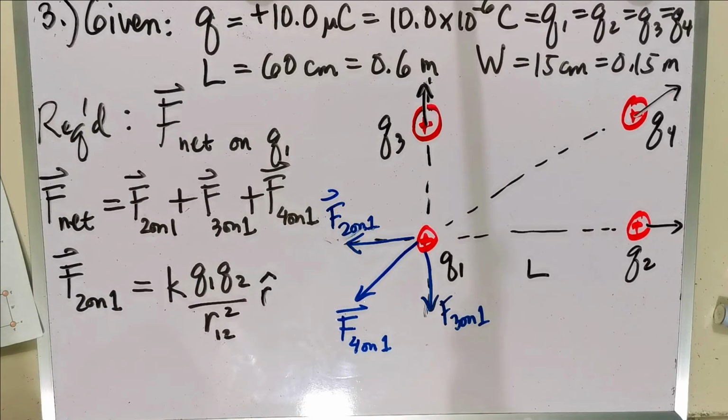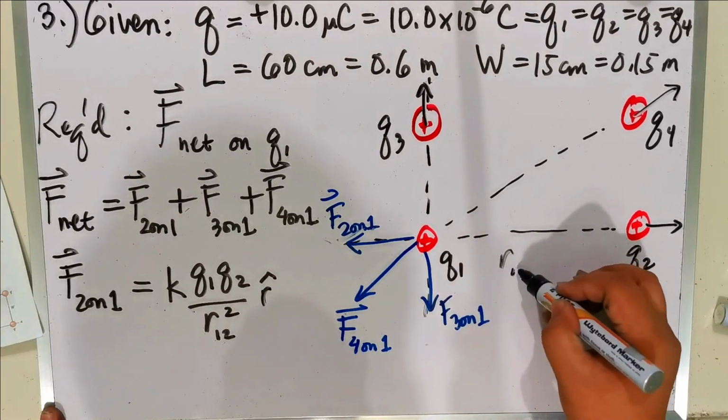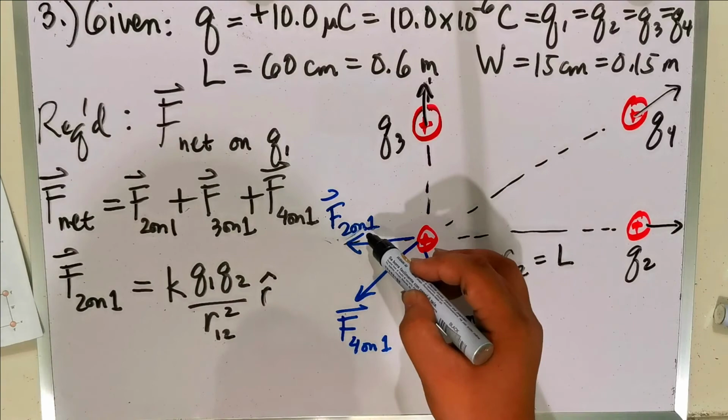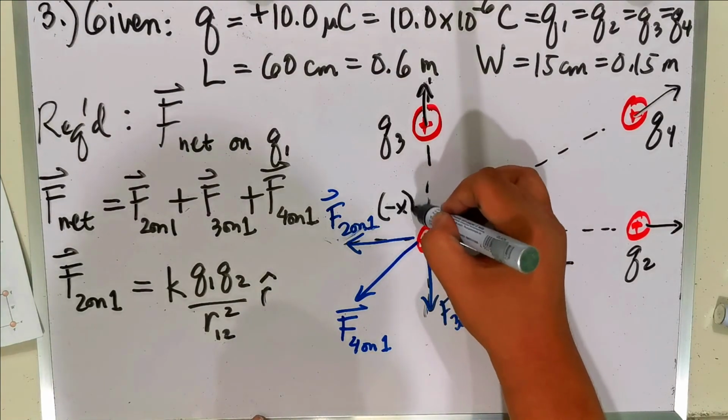Remember that our R12 is equal to L. In this case, we can also see that F2 on 1 is directed towards the negative X.